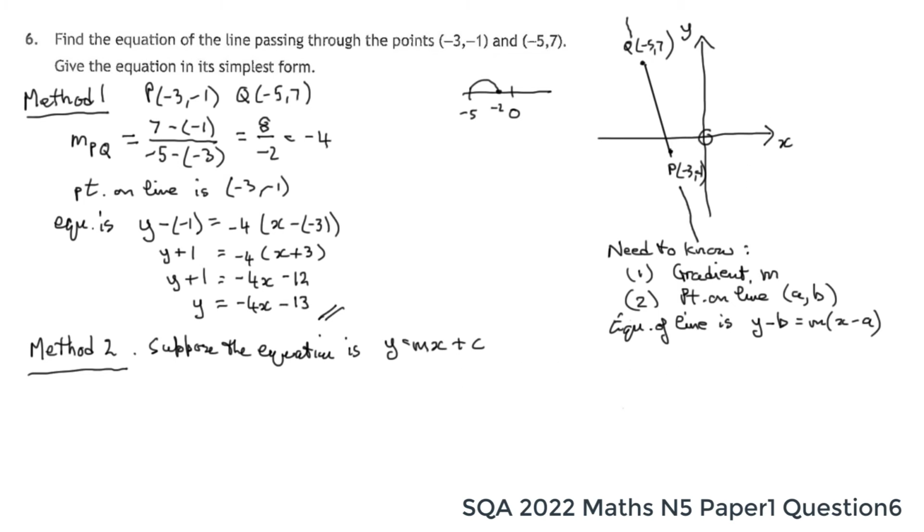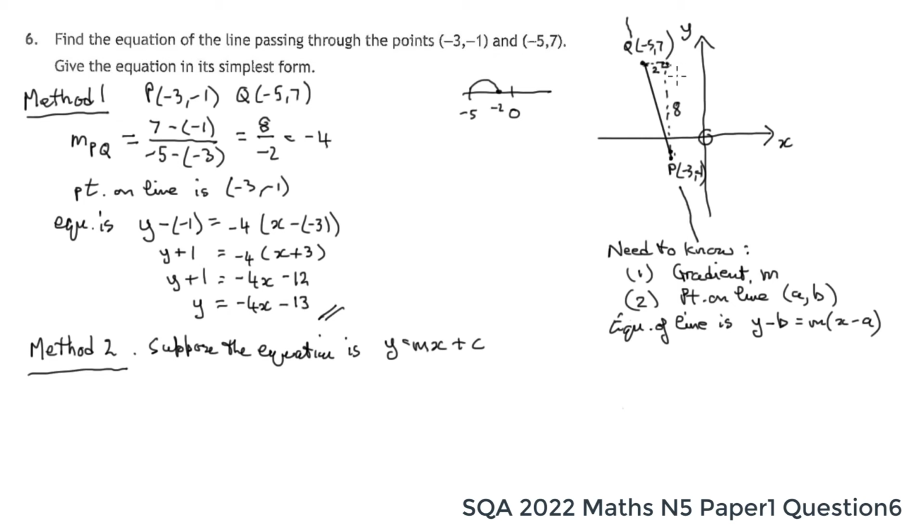Another way we could do that is looking at this graph and say, well, look, we can make up a wee triangle here where to go from Q along to P, we have to go along this distance. Now that's from negative 5 to negative 3. That's a distance of 2. And then we're going down, height of 7, down to a height of negative 1. So that'll be 8 down.